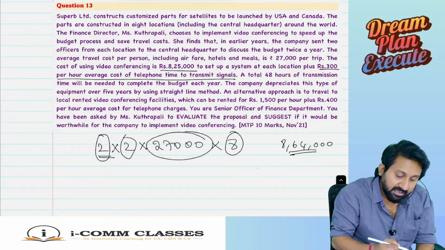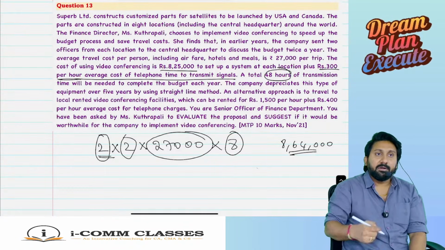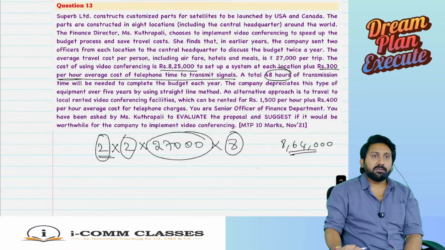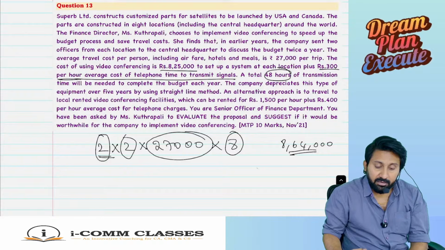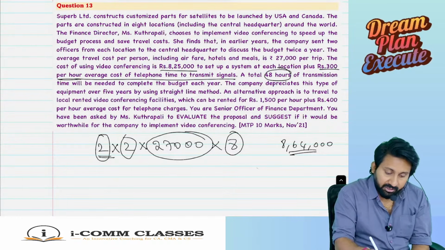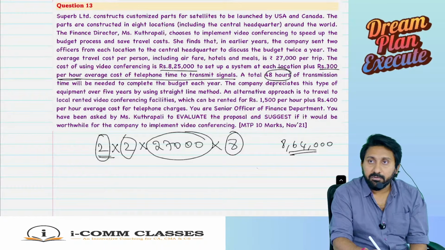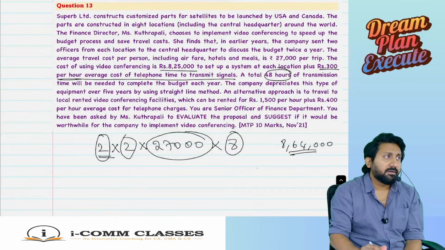How many hours do I require? 300 into 48. M plus. How much? 300 into 48 is 14,400.